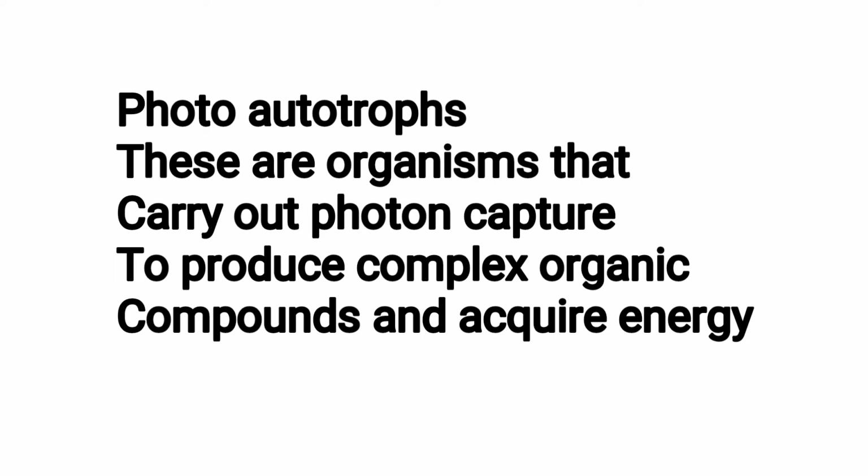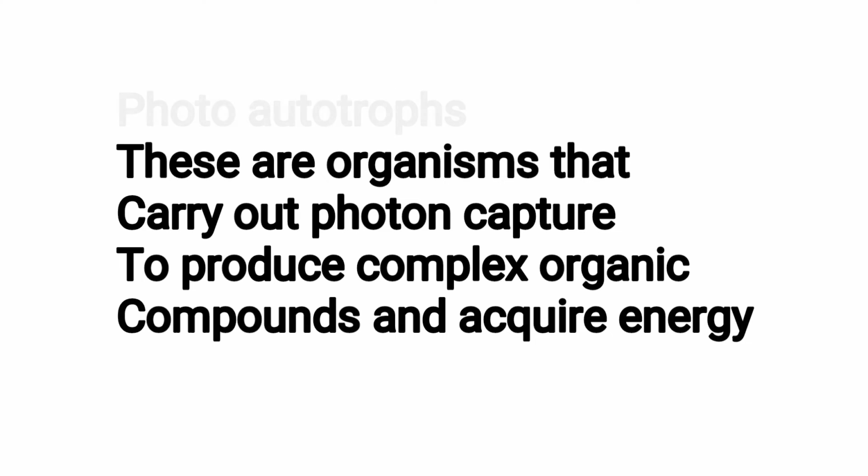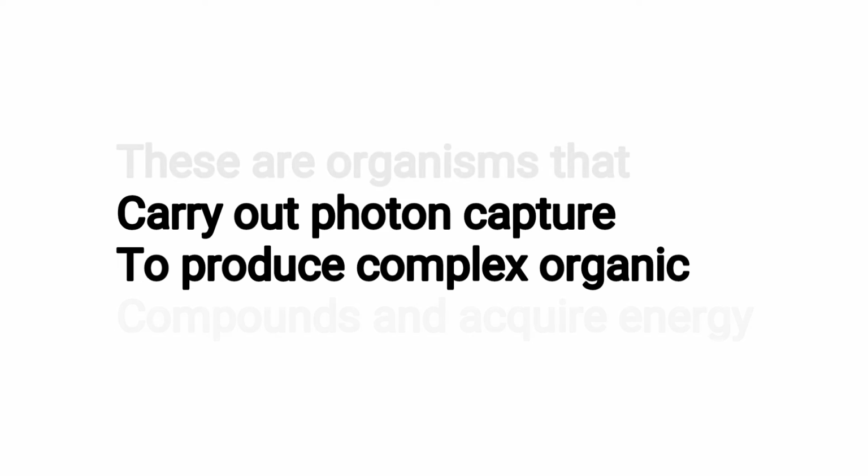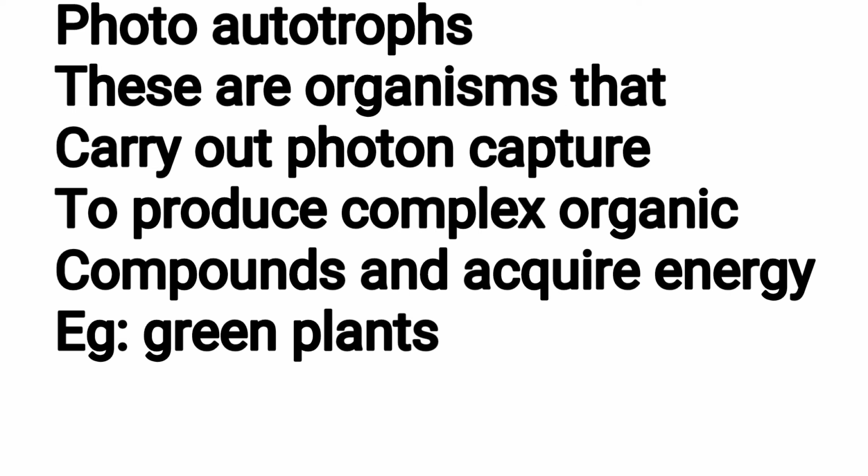Photon means light, so they use energy from sunlight to carry out various cellular processes. For example, green plants use energy from the sun to carry out their various cellular processes, isn't it?